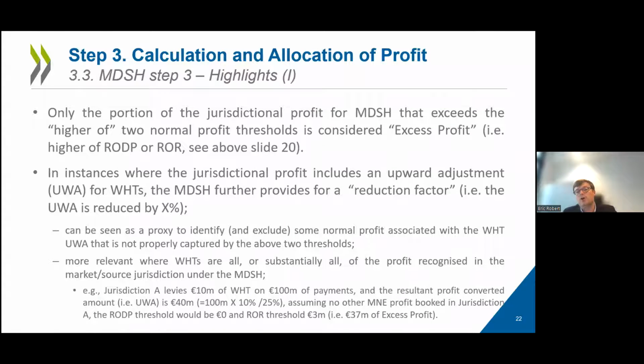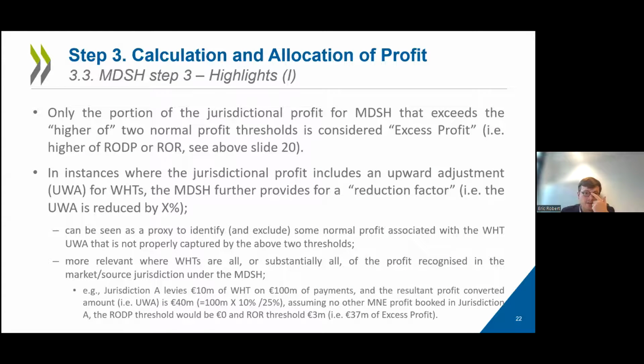And if you use your RR threshold, which is 3% of locally sourced revenue, you're likely to have a normal profit measure of 3 million, given that in those instances we're typically talking about third-party payments, so the basis for the withholding tax and the basis for your RR metric are likely to be the same.